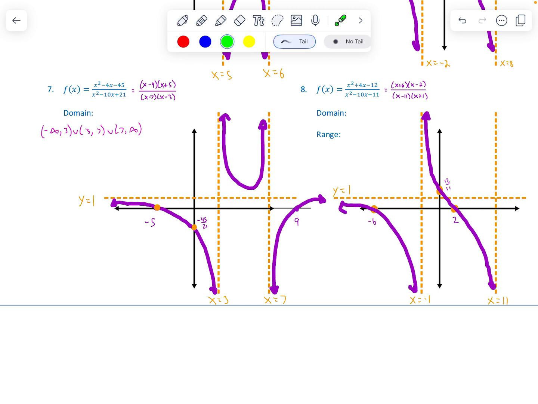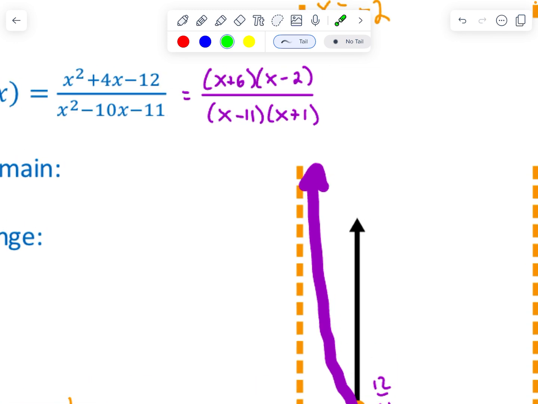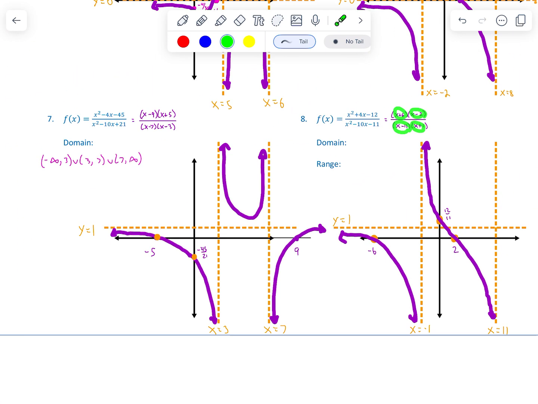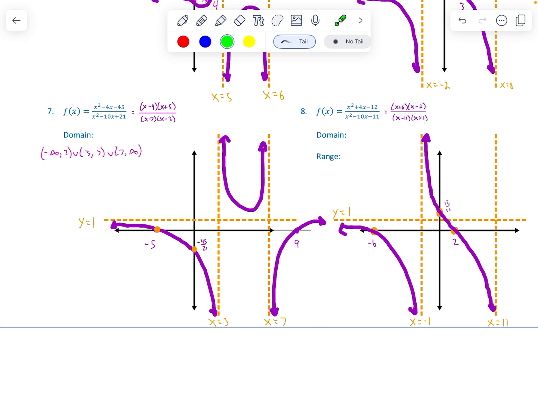And then let's pick a number bigger than 11, like 11.1. Come up here, you're going to get positive, positive, positive, positive. It's all positive, which means the result is positive, so the final piece is going to be up there. We also know that without picking a number and checking, because it can't be down here, because if it was down here, it would have to cross through the x-axis, and we already found all the x-intercepts, and there wasn't one over here, so you know it has to be up there.